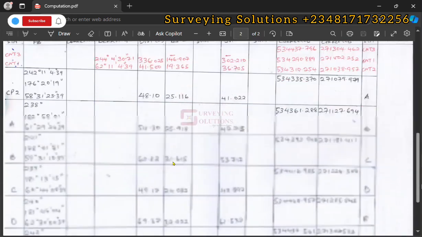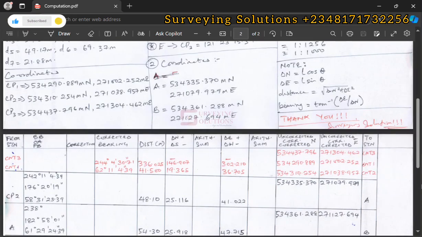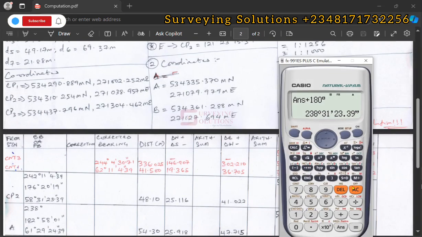Good. To achieve that, we come back to our calculator. Remember, at first we used Pol, right? However, we are going to use Rec, so it will now be Shift minus. And then our input will be distance comma bearing.